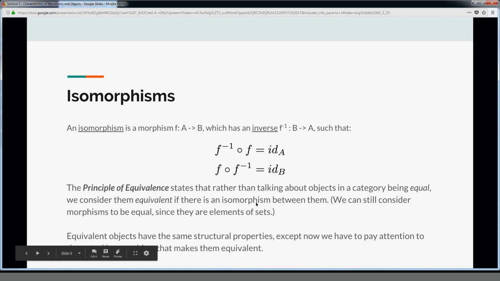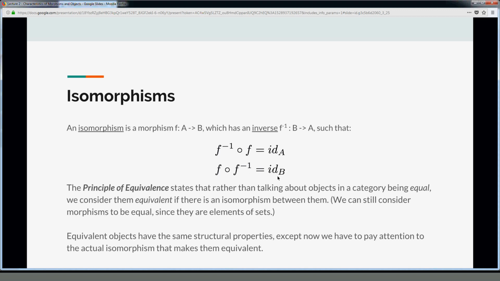Now, I mentioned in the last lecture that the collections of morphisms between objects are actually sets. So we can still consider morphisms to be equal to each other. And obviously, our definitions of monomorphisms, epimorphisms, and isomorphisms have relied on us saying that the compositions are actually equal.